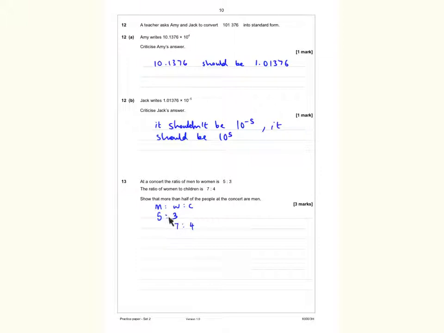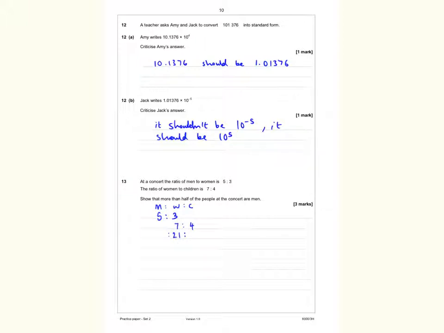Now I can find an equivalent ratio to my first one, for example 10 to 6, but that won't be helpful. But I can change this one as well. If I make this part into its lowest common multiple, then I can have one long ratio that compares men to women to children. So we'll use 21. To go from 3 to 21, it was multiplying by 7.